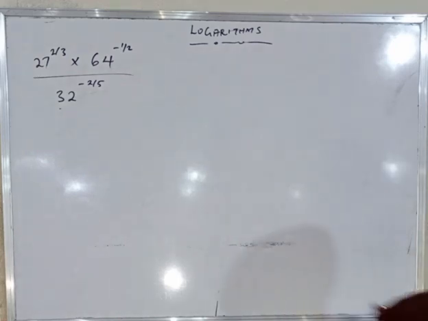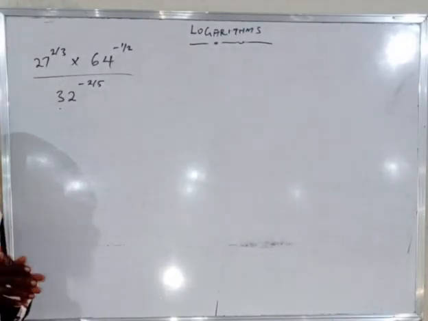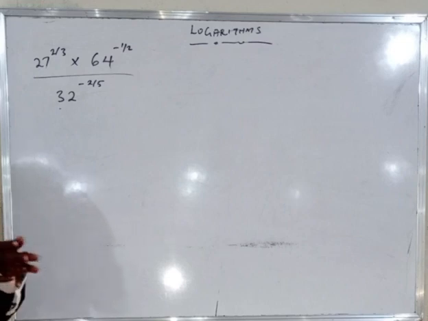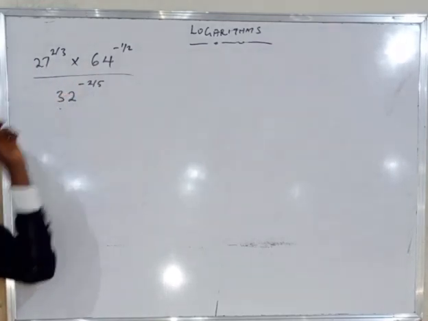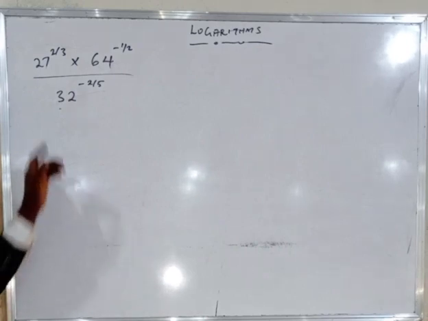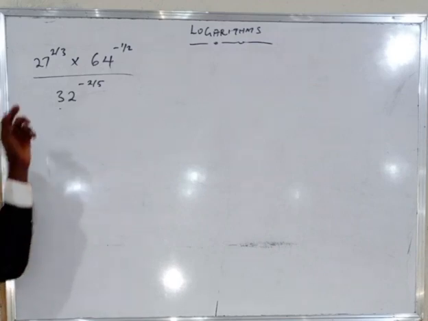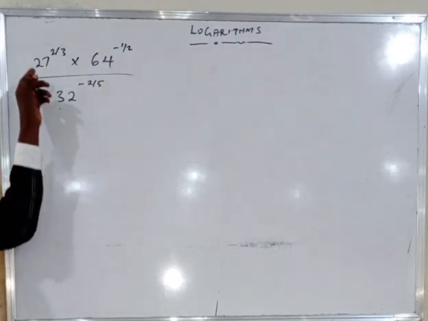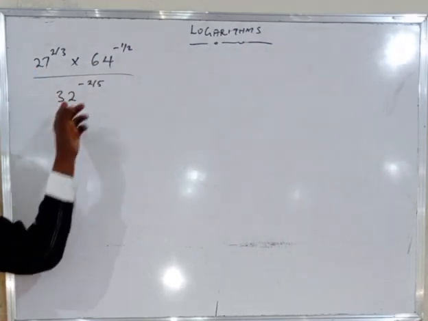But when using law 1 or law 2, what should happen? In order for you to use law 1 or law 2, the base here, here, and here must be the same thing. Are they the same thing? Once they are not the same, and when you look at the type of numbers you have here, even if you try to adjust them, you cannot adjust all of them to the same base.